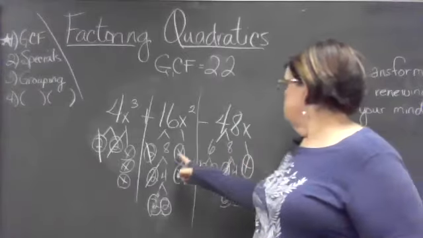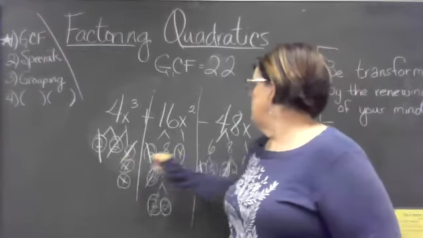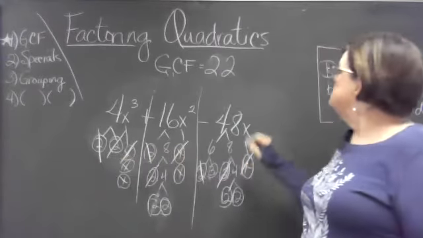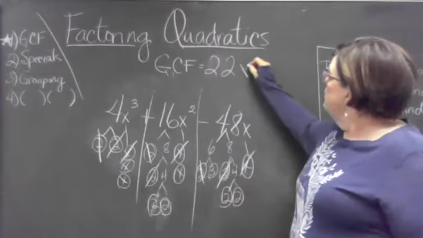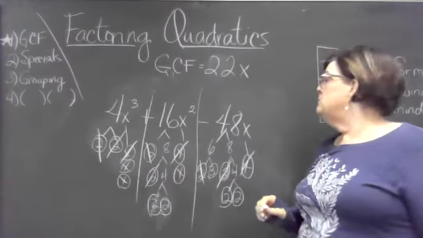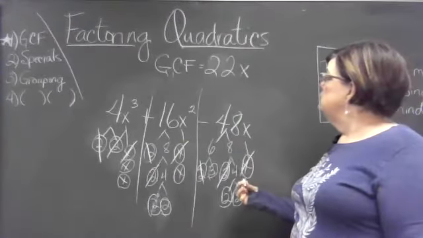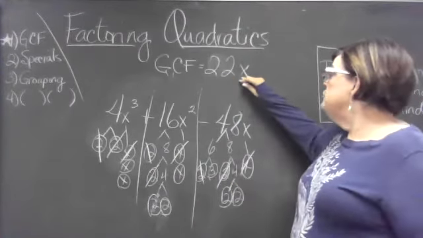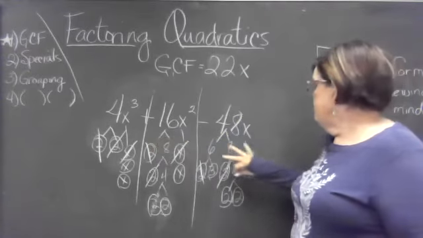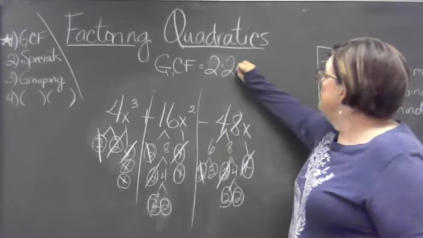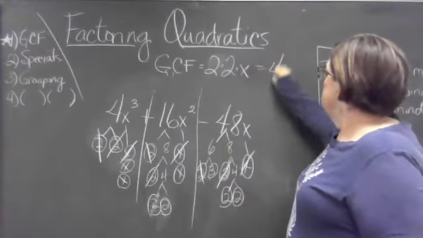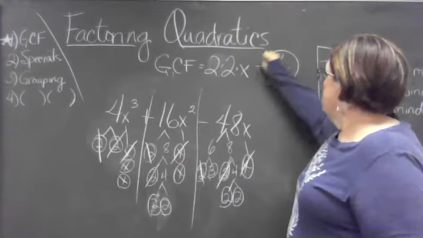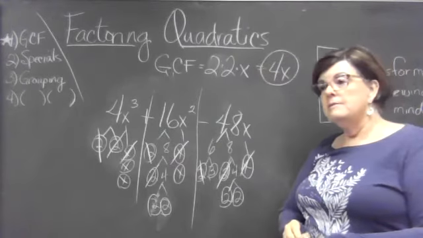So I have an x and an x and an x in each piece. So I also have an x that I'm going to add to this greatest common factor. Okay, this is not 22x. When I've got all my matches, I need to multiply these, which means my greatest common factor now is going to be 4x.